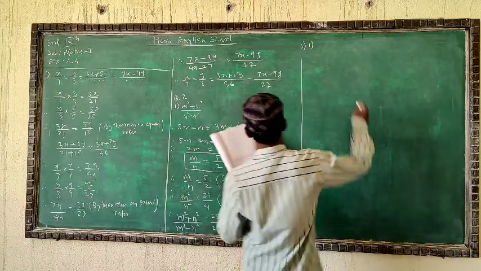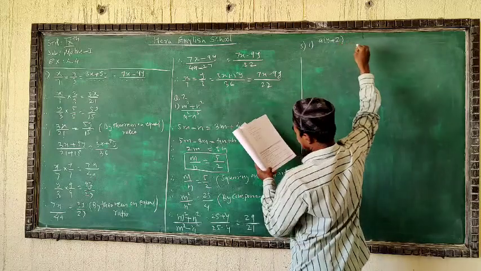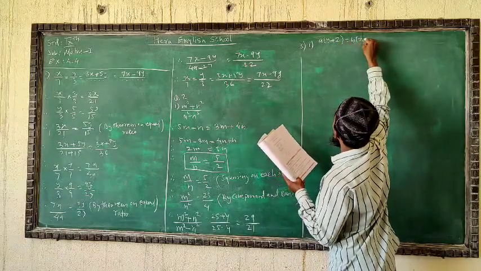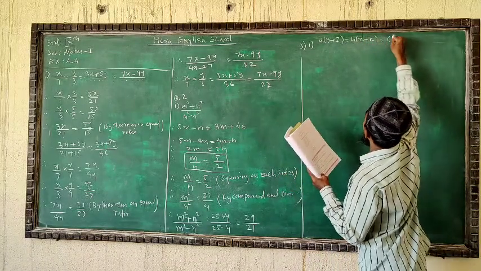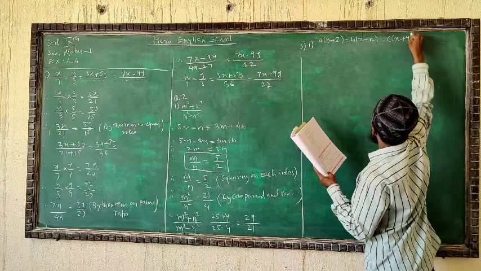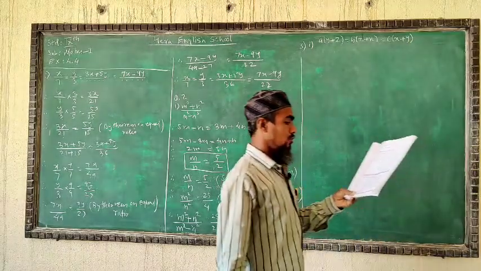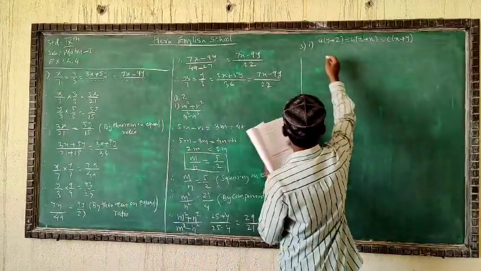First one, we are given here a times y plus z, which is equal to b times z plus x, equal to c times x plus y, and out of a, b, c, no two of them are equal, then show. What to show?